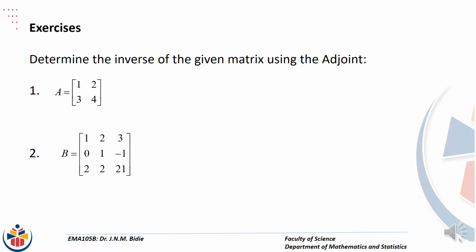So try it out for each of those two matrices, and then thereafter find the inverse, which is 1 over the determinant of A multiplied by the adjoint of A, and that means for number 2 it will be 1 over the determinant of B multiplied by the adjoint of B.